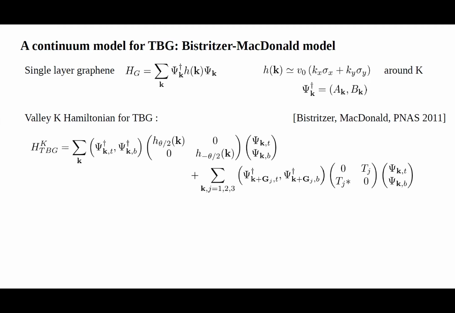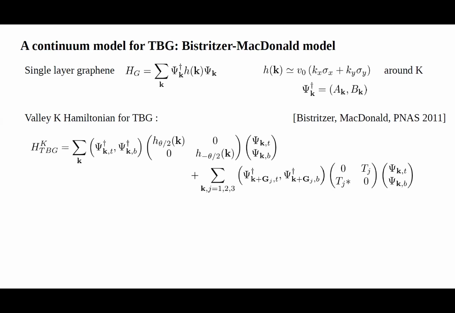The first line is just the decoupled layers, right? So I have the original graphene Hamiltonian for the top layer and the graphene Hamiltonian for the bottom layer, where I've added some indices theta over 2 to say that I did a rotation. So I rotate theta over 2 on top and minus theta over 2 in the bottom.